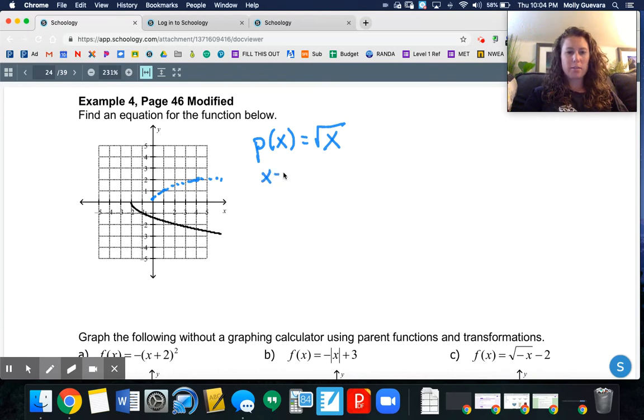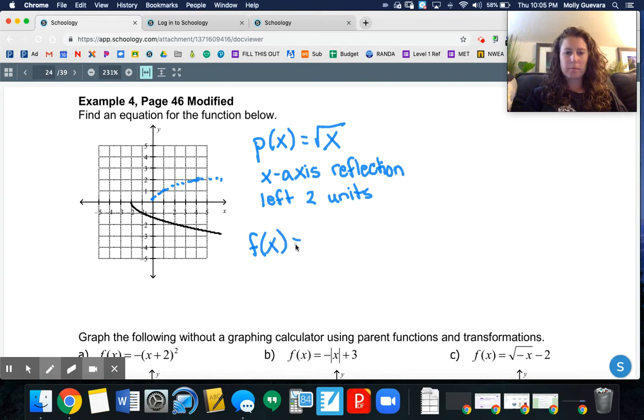I see that there's been an x-axis reflection. That tells me that it's going to be negative. I also see that it's gone left 2 units, right? It's supposed to be at 0, 0, but it's gone to the left 2. And I don't see anything else going on here.